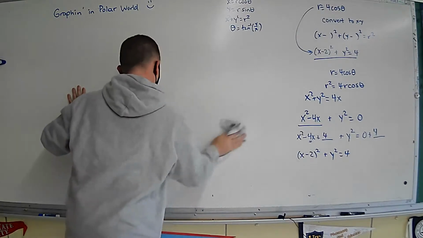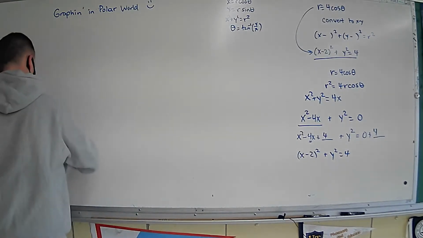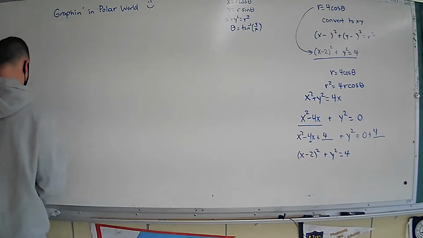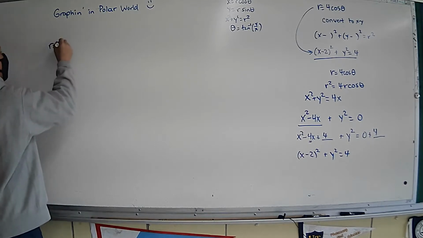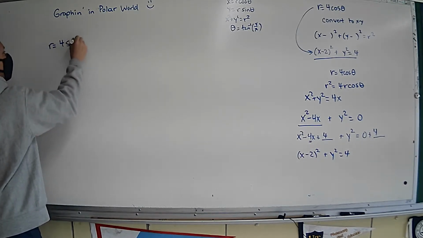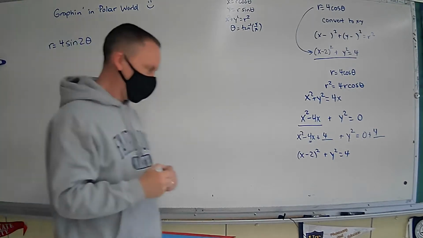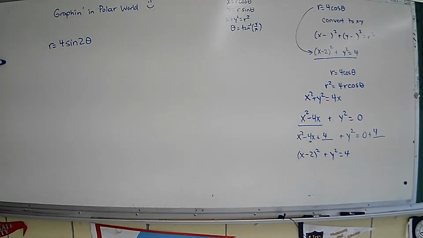So let's look at this graph. r equals cosine of 2 theta. r equals 4 sine of 2 theta.